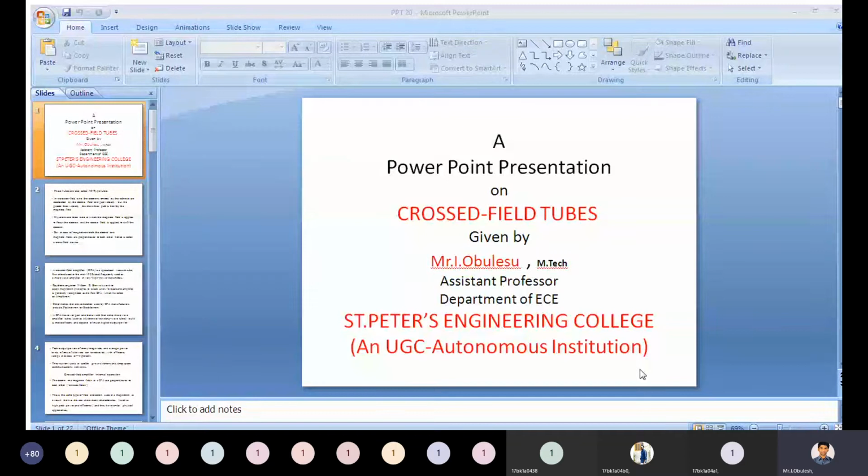Unlike other vacuum tubes such as a klystron or a TWT, traveling wave tube, the magnetron cannot function as an amplifier in order to increase the intensity of an applied microwave signal.